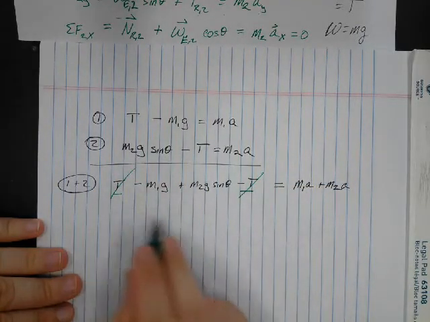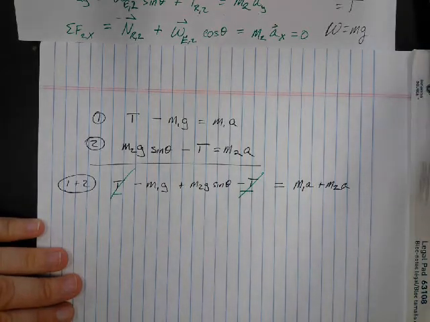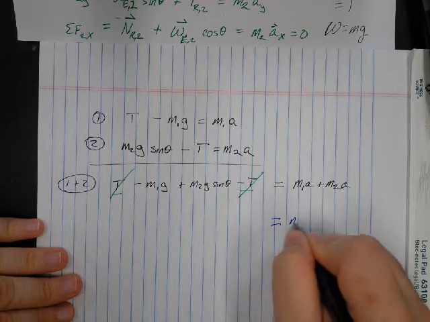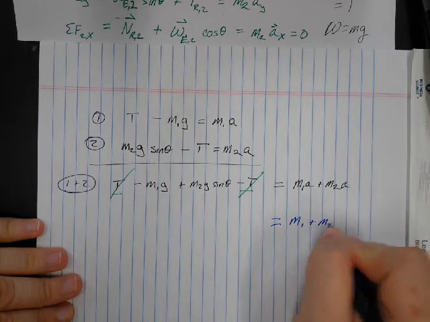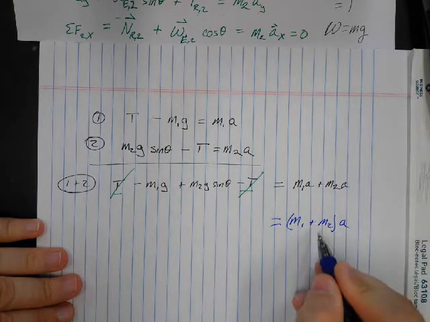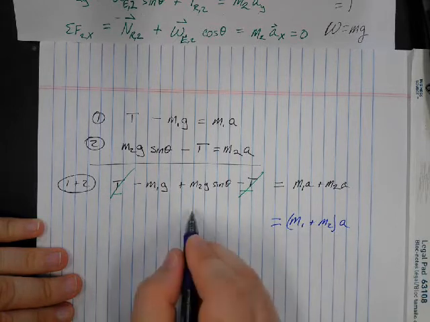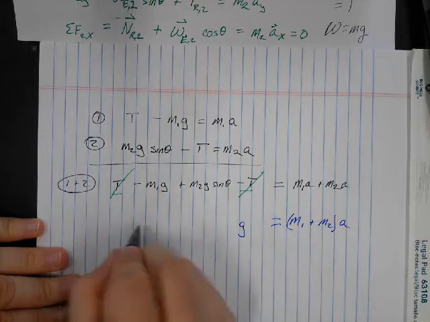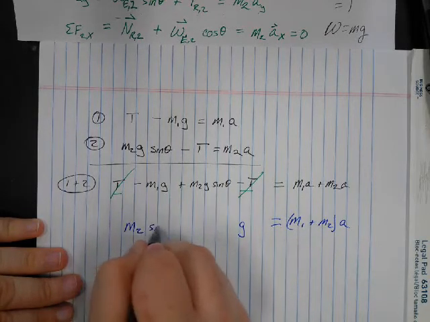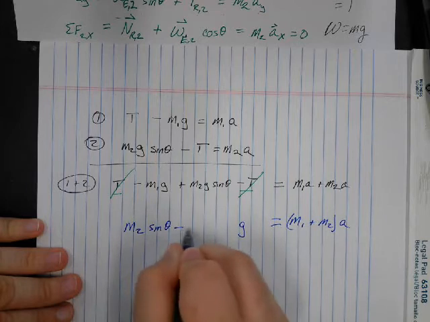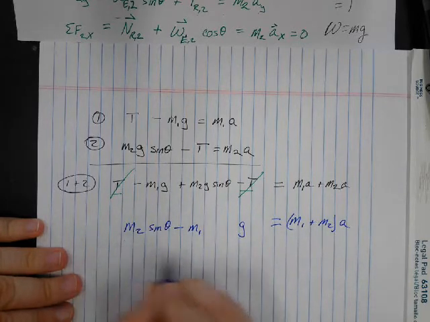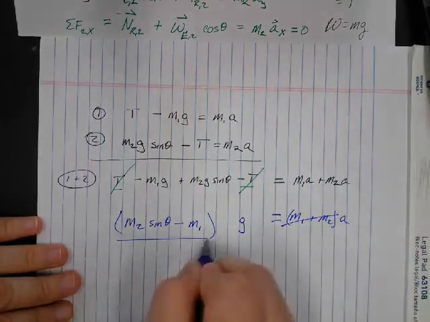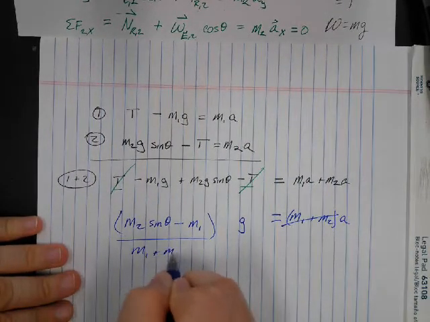Then we can rearrange. On the right side, mass 1 plus mass 2, just pulling out the common a. Over here, we could pull out the common g, and we'll have mass 2 sine theta minus mass 1. And then we can just divide by mass 1 plus mass 2.